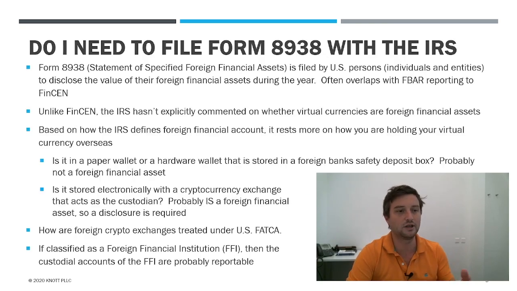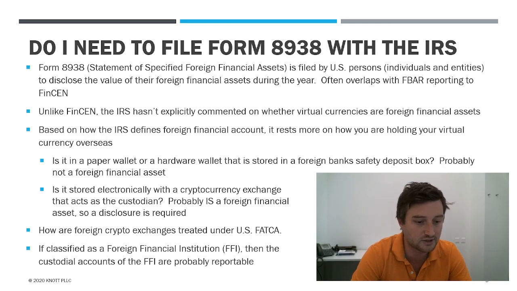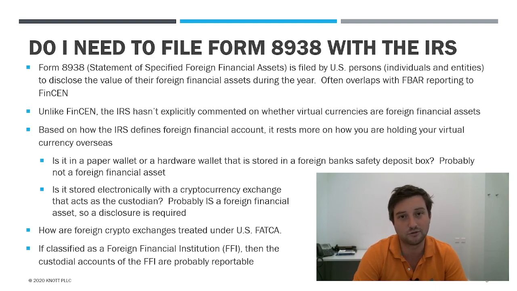So the 8938, this is the other one I was talking about with the IRS regs. So the IRS, to piggyback the FinCEN thing, implemented FATCA and they implemented their own foreign financial asset disclosures. And there is overlap. And the reason there's overlap is because you're reporting to two different authorities, right? FinCEN is a completely separate government agency from the Internal Revenue Service.